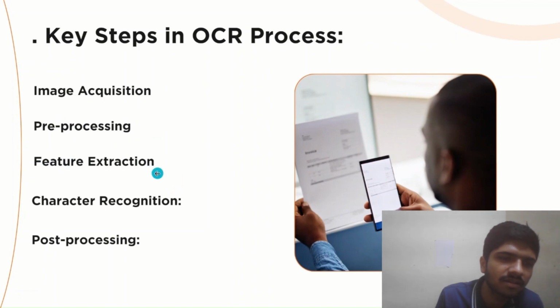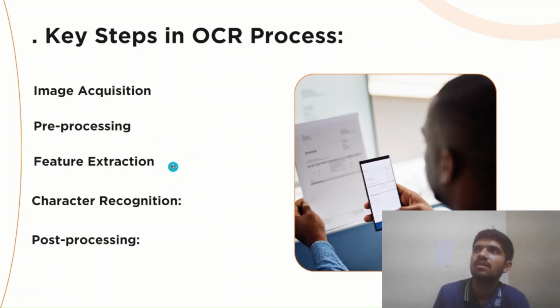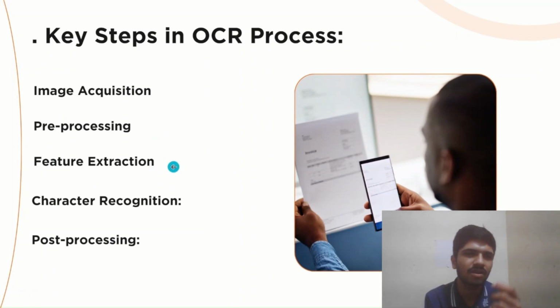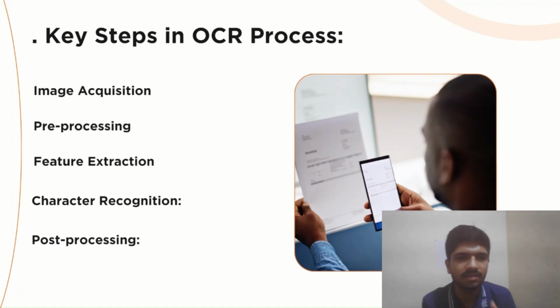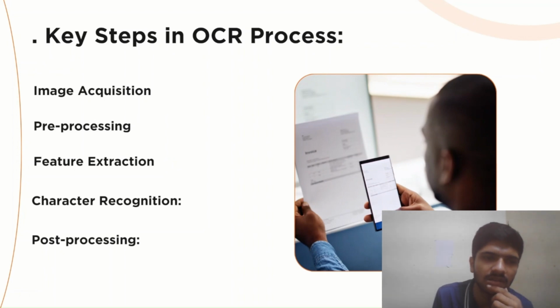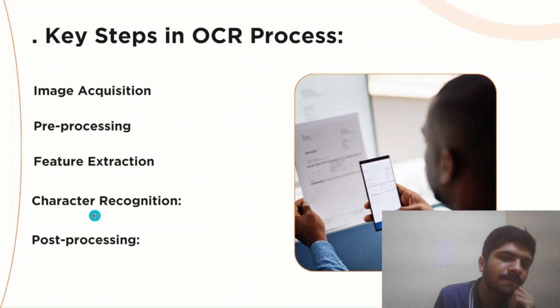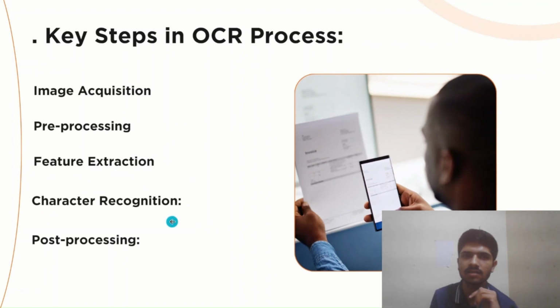Next is feature extraction. Features mean the lines, the curves, and the contrast. Basically, it processes each and every pixel of the image and tries to find lines and curves. They are the building blocks for characters, like the strokes of a pen. The extracted features are then processed to recognize characters.